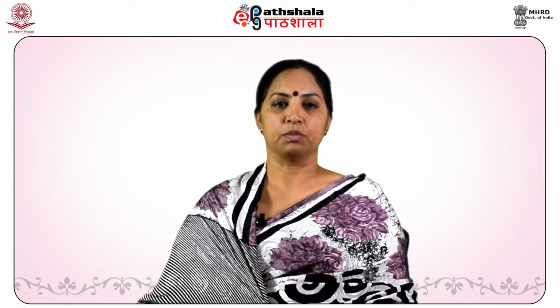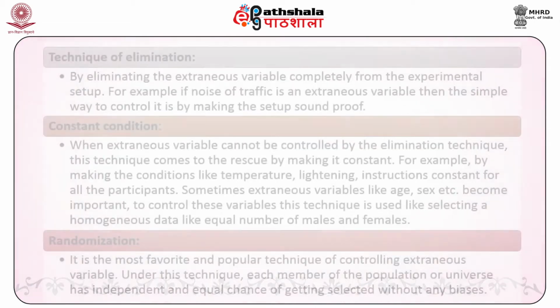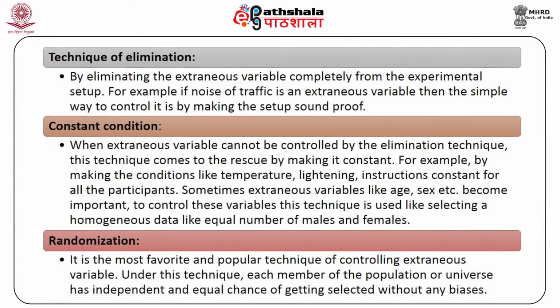There are three important ways by which we can control extraneous variables. First is controlling extraneous variables by the technique of elimination, by eliminating the extraneous variable completely from the experimental setup.